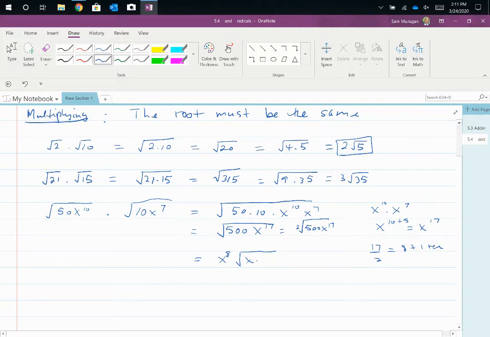So x to the 8th power, plus 1 x remaining inside. And then we think about 500 is 100 times 5. So the square root of 100 is 10. So we get 10 x to the 8th power square root 5x.